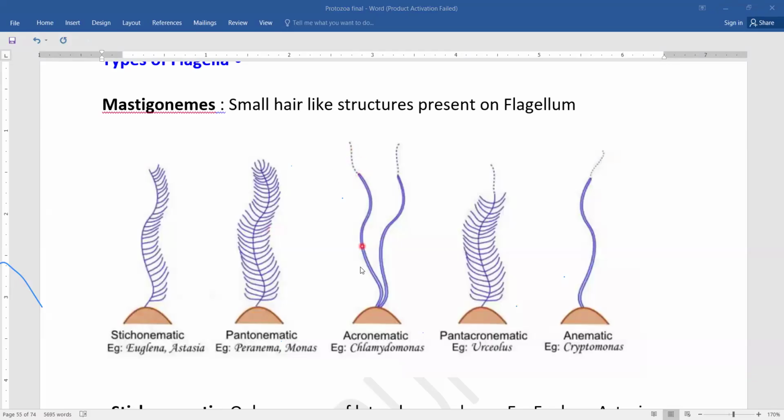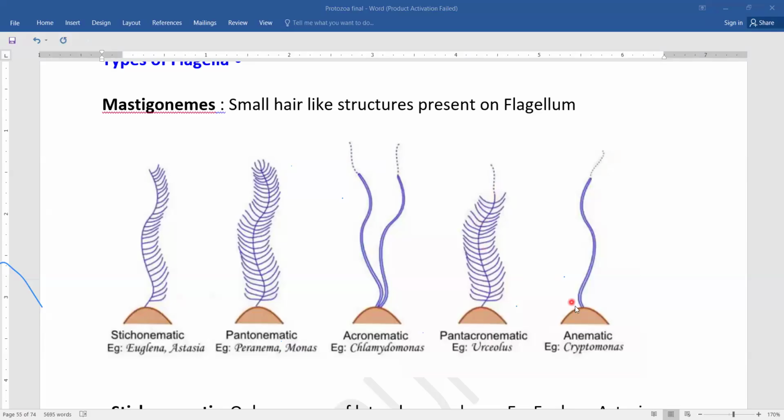The terminal part of the acronematic is a pointed filamentous structure that is nothing but a single mastigoneme. So that is acronematic, and then pantacronematic. Just like pantonematic, mastigonemes are present on both sides, and the terminal part contains a tapering naked filament without any pellicular covering.